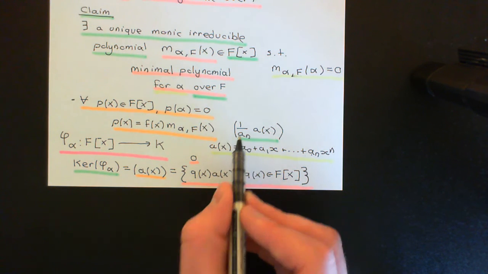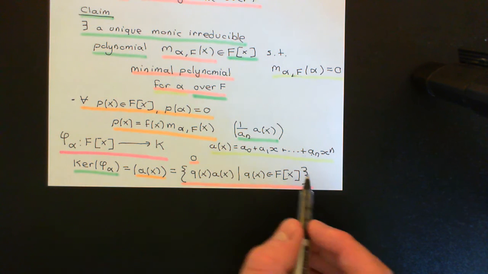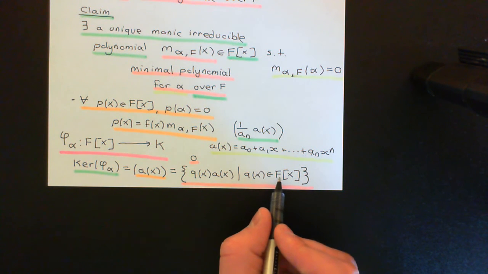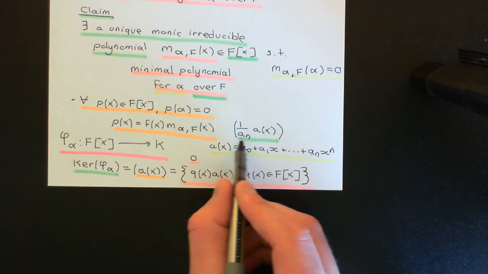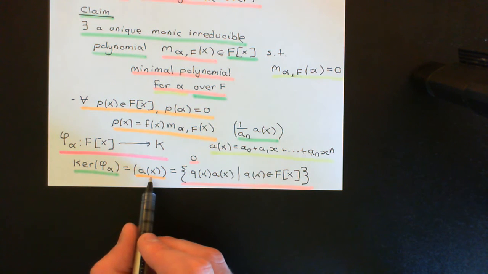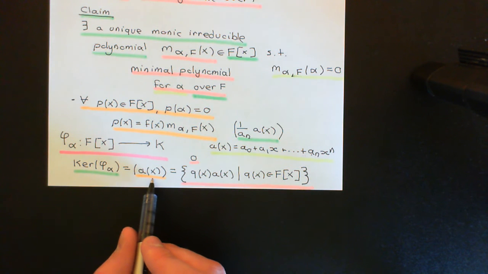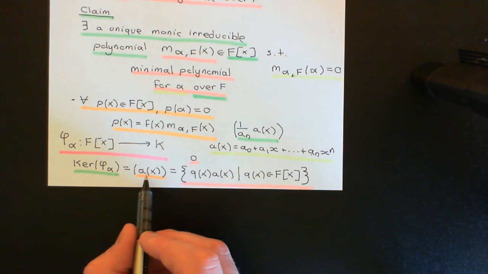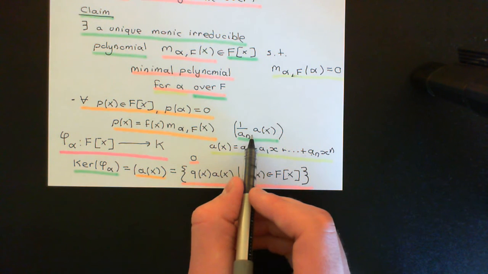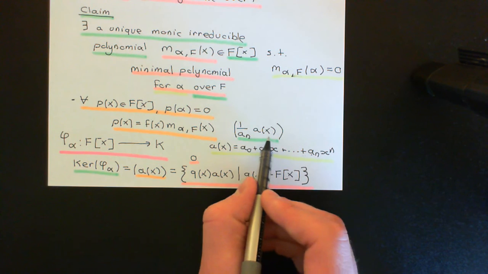This is a unit in the ring of polynomials over the field capital F. So this polynomial will be in the principal ideal generated by a of x, and also a of x will be in the principal ideal here, because I can just multiply this back by an to get this one.